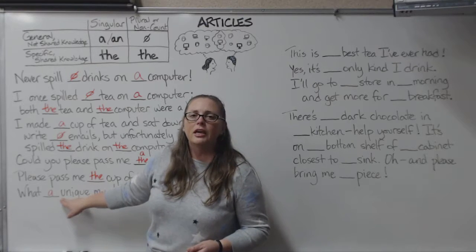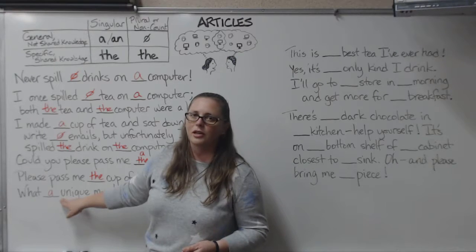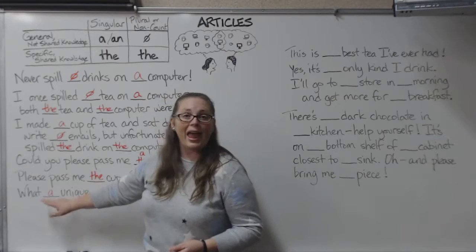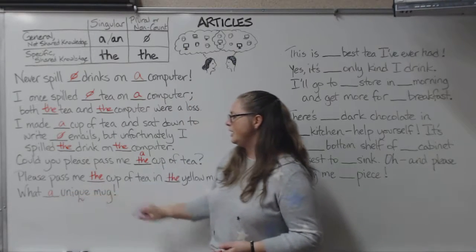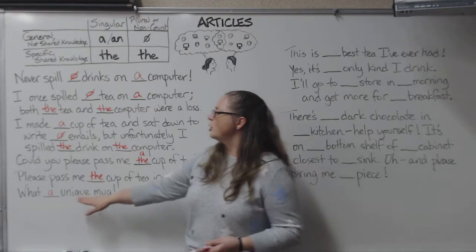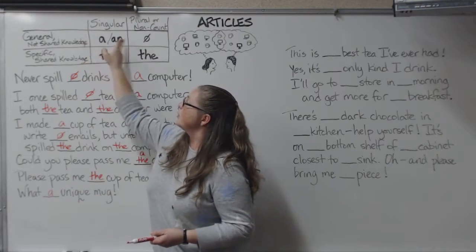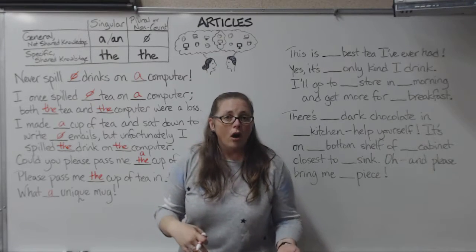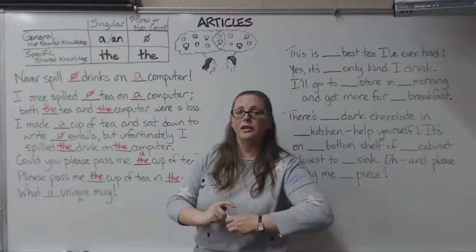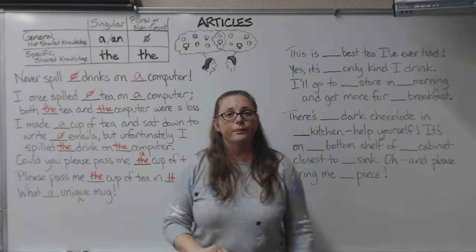If you have a "y" sound, that is not a vowel sound. You use "a" and not "an." Okay, so, "What a unique mug." This is also true, this kind of rule of using the general. If you're saying "there is" or "there are," very commonly you will be using the general form.